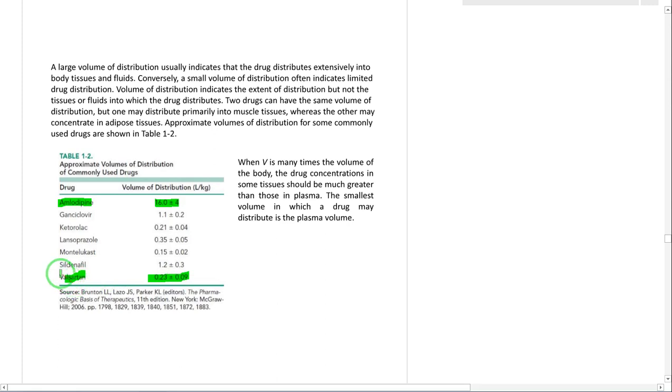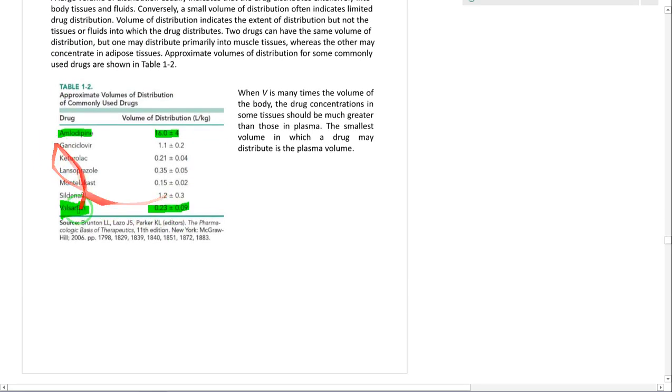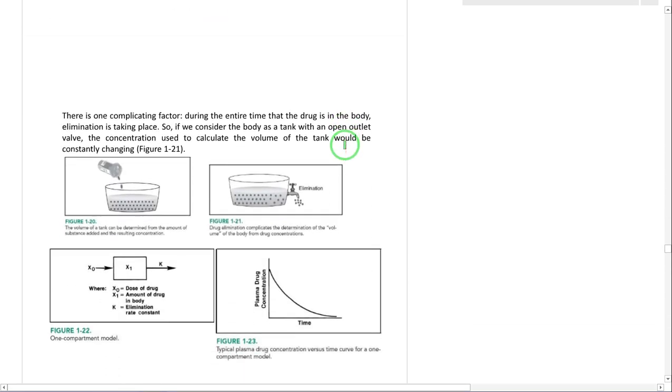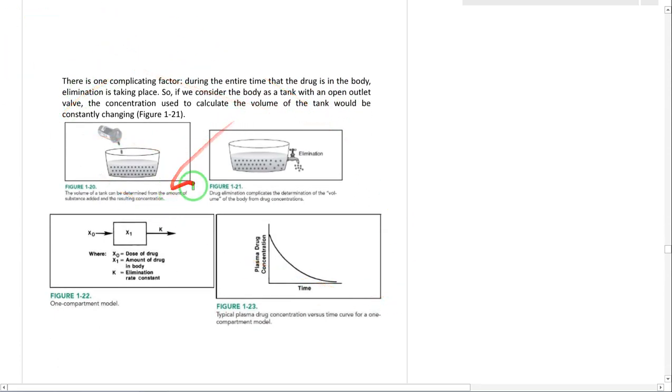So most of this drug is going to remain within the blood and not diffuse into the other organs. And in this picture I just told you about the elimination. We can experimentally measure the amount of K when we administer a certain amount of drug.